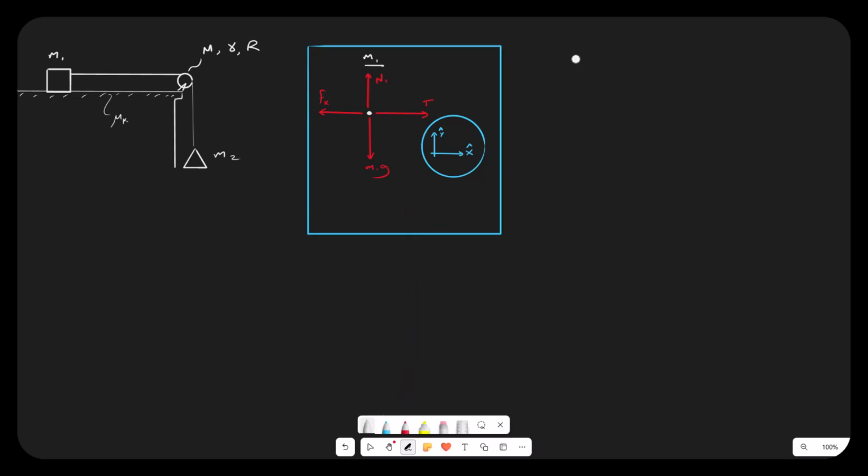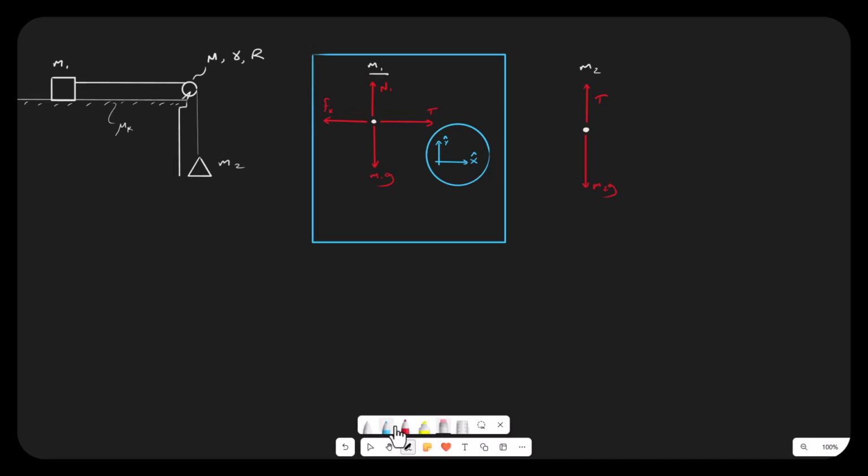Now I look at mass 2. Mass 2 sits like this. I have M2G going down. I have tension going up. And I had to keep in mind when I did these that my axis was going to have to move. I had a y-axis like this and an x-axis like this, and then I wrapped that over so that this became my x-axis, this became my y-axis.